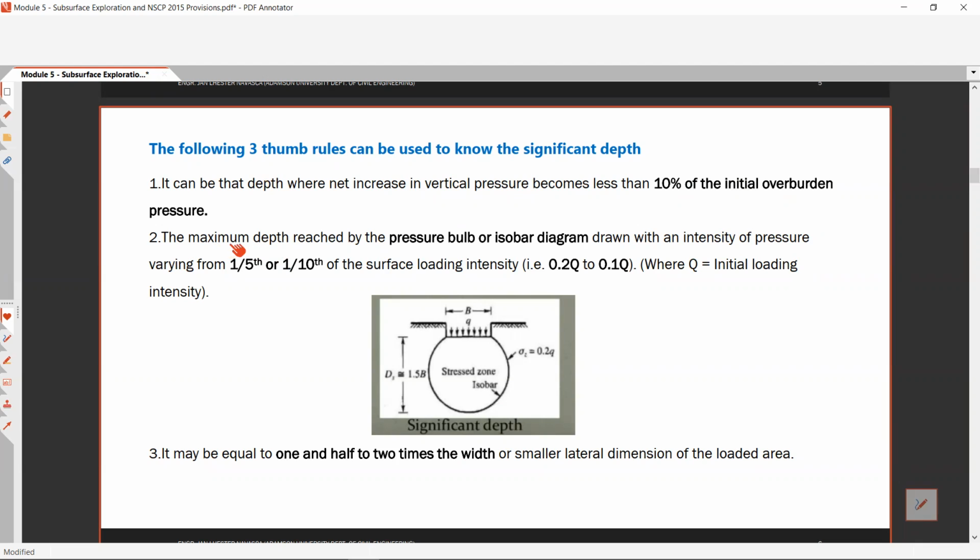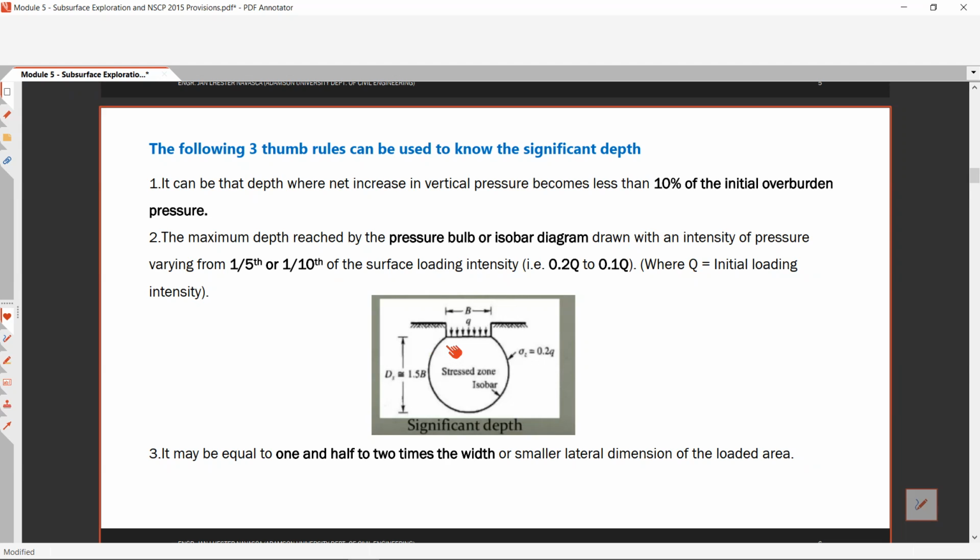Okay, number 2, thumb rule is the maximum depth reached by the pressure bulb or this isobar diagram. So this is a isobar diagram or the stress zone of the isobar. It was drawn with an intensity pressure varying from 1/5 or 1/10 of the surface loading intensity.